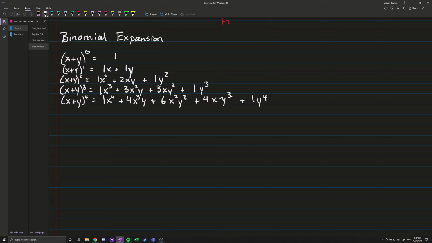There are a couple of things to note here. One is the number of terms. If n is our exponent, let's write this a little bit neater.